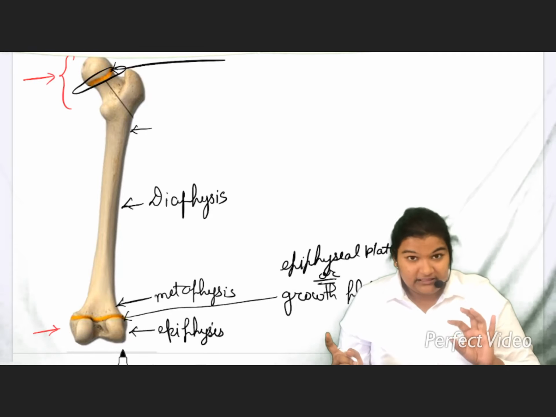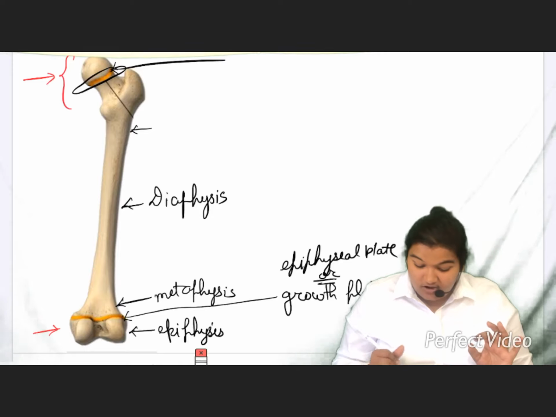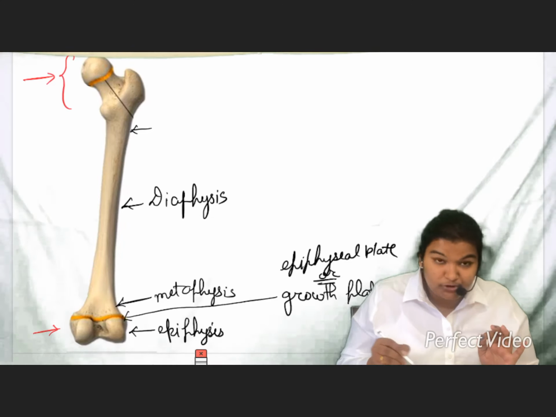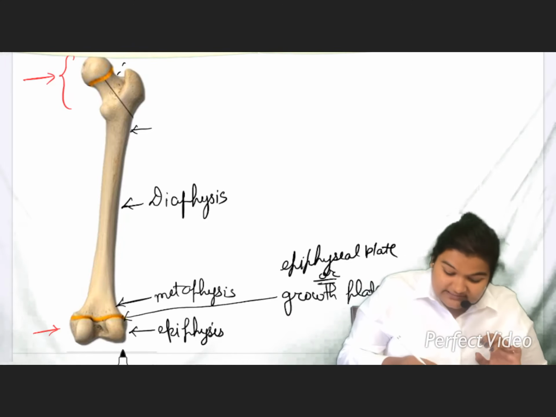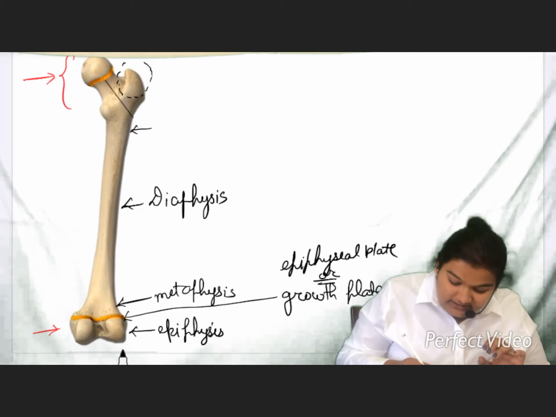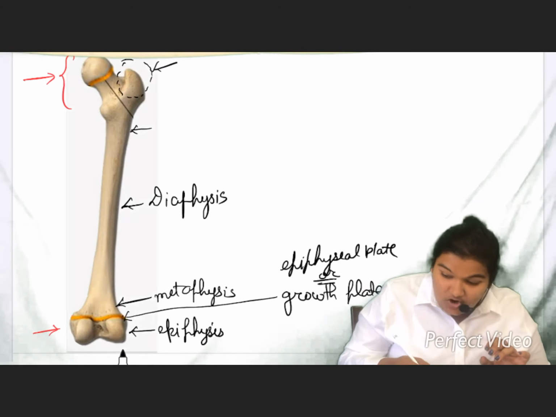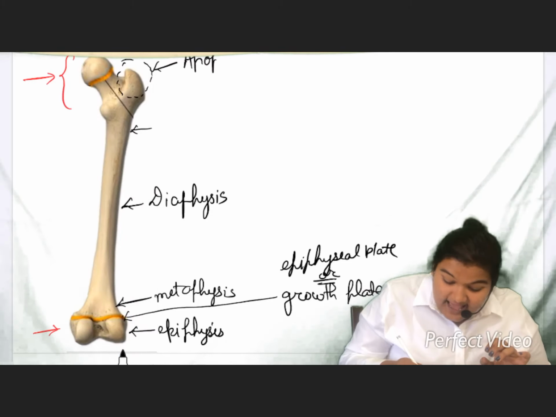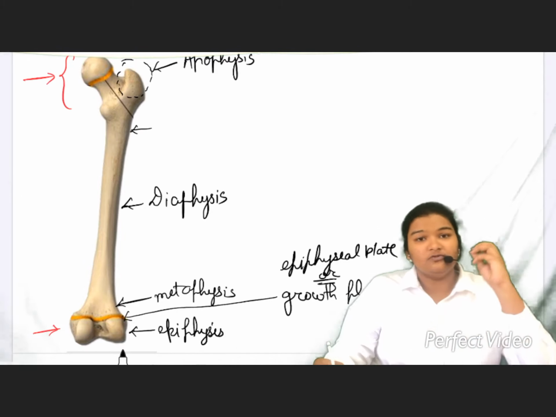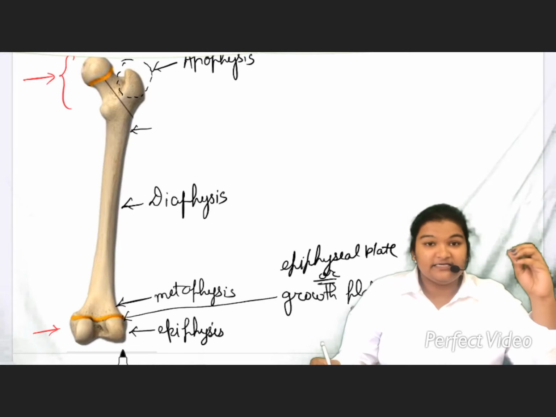Now, in this femur, we have one more protuberance. See this one in the dotted circle, and that is called apophysis. So how is this apophysis made?